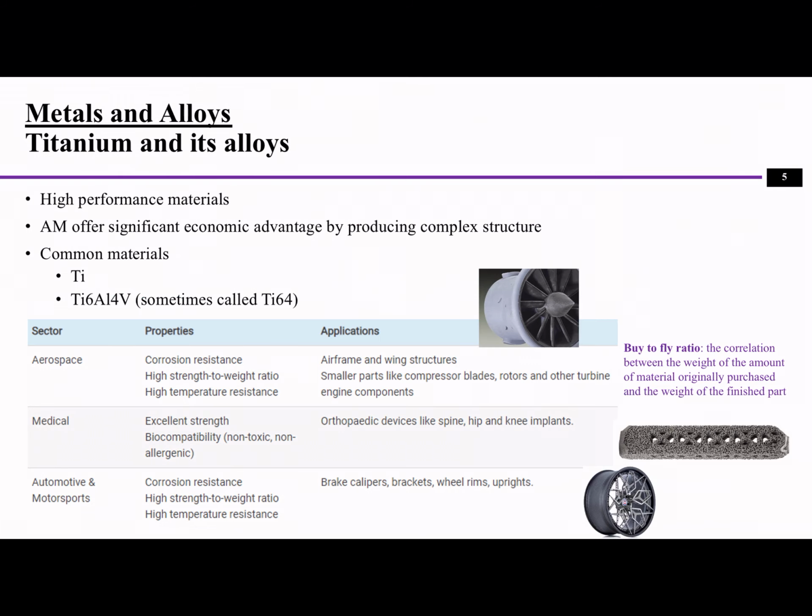And the first material I want to talk about in the metals is titanium and its alloys. Titanium has been a very popular metal used in additive manufacturing, metal 3D printing, because of several applications.